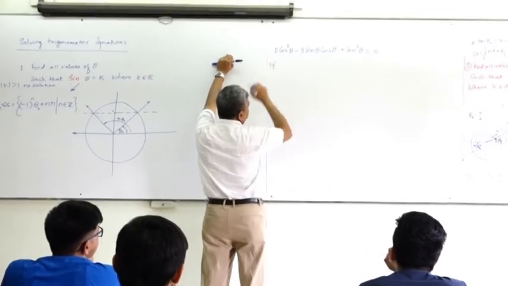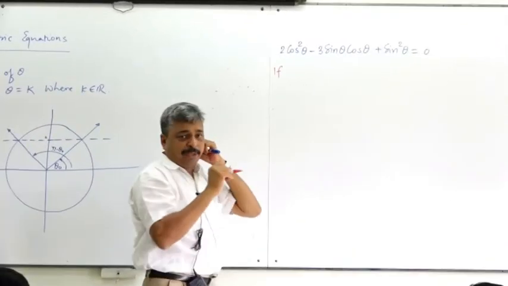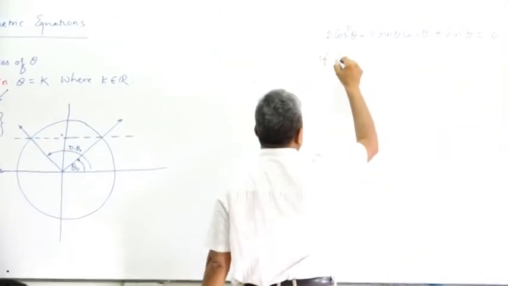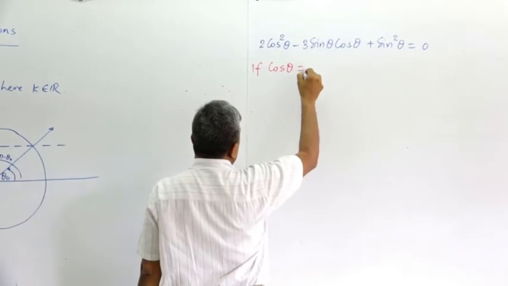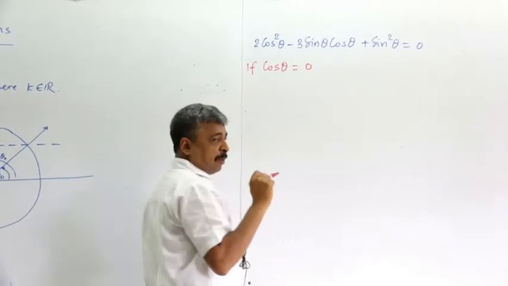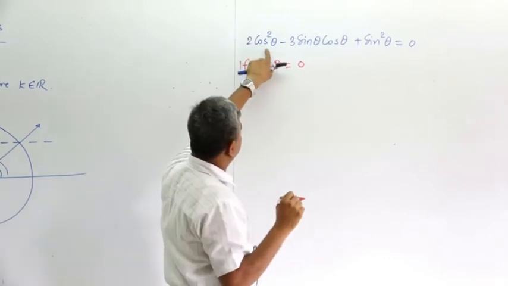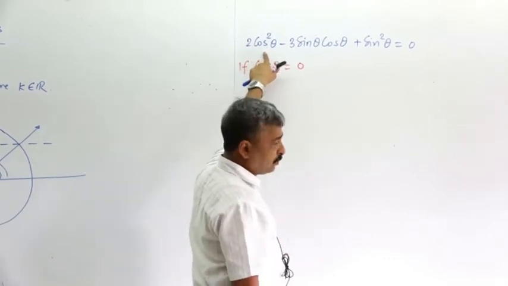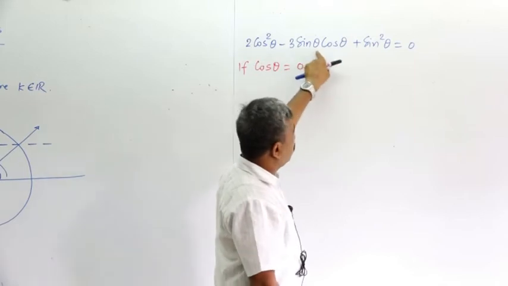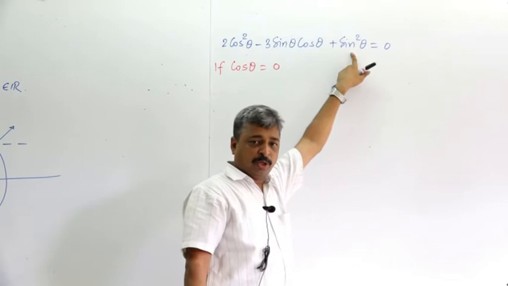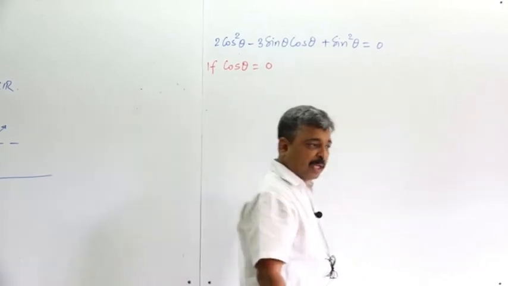Therefore, if I want to get into tan, I am supposed to divide by cos square theta. So if cos theta is equal to 0, suppose, then do we get this equation satisfied? Suppose cos theta is 0, then this term is 0, this term is 0, and if cos theta is 0, sin theta is definitely not equal to 0. Therefore sin square theta is not equal to 0.